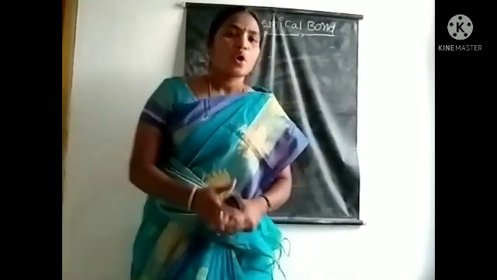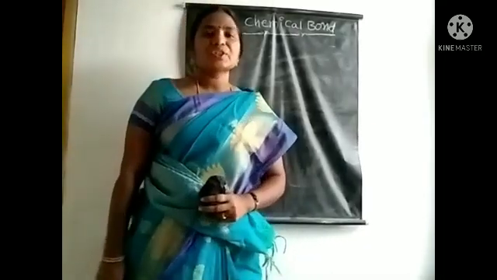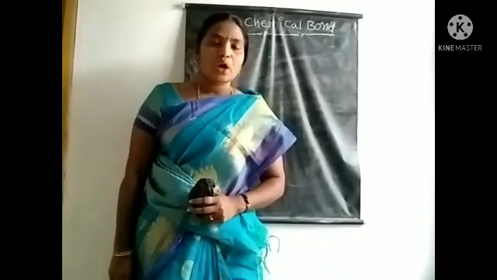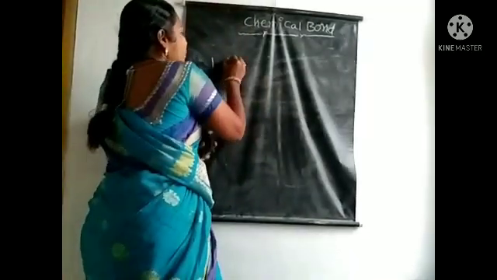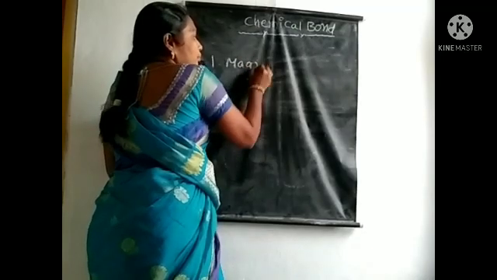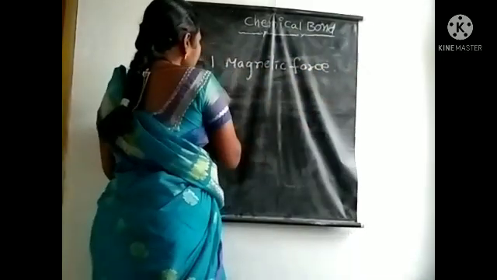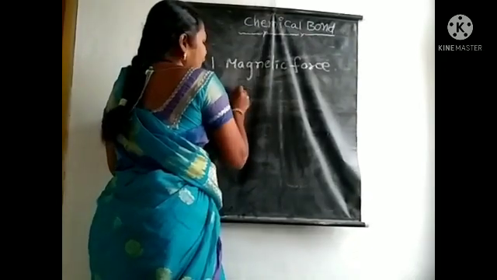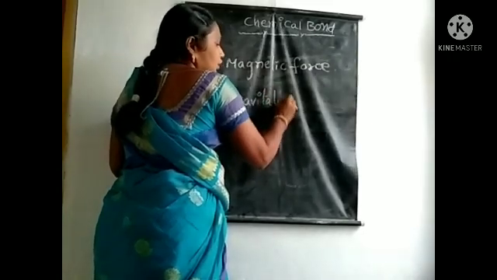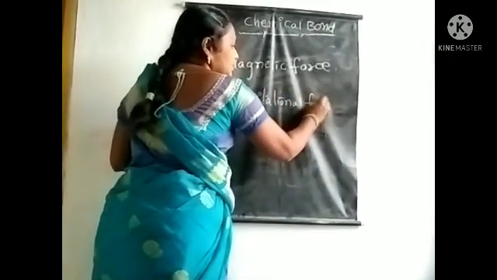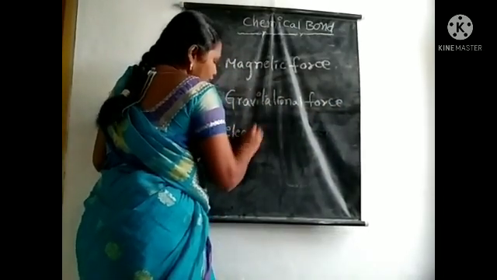Write down, children. In the late 19th century, scientists discovered three types of forces: magnetic force, gravitational force and electrostatic force.